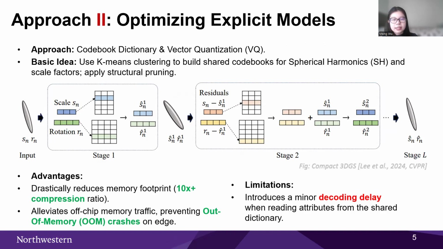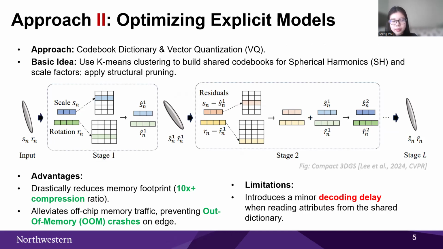In 3D-GS, the high-dimensional spherical harmonics coefficients often take up to 80% of the total memory. The basic idea of Compact 3D-GS is to use k-means clustering to build unified shared codebooks for these colors and scaling factors. The advantage here is a massive reduction in model size.